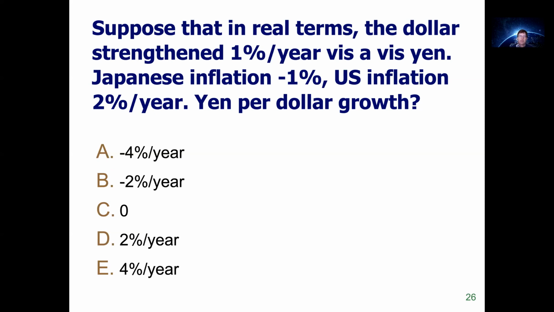So if we say it's 3% lower, as in this example, then we get 1% per year from the real exchange rate minus 3%, and that gets us to minus 2% per year. And minus 2% per year for 35 years can cut the nominal exchange rate in half. And that's kind of what happened.